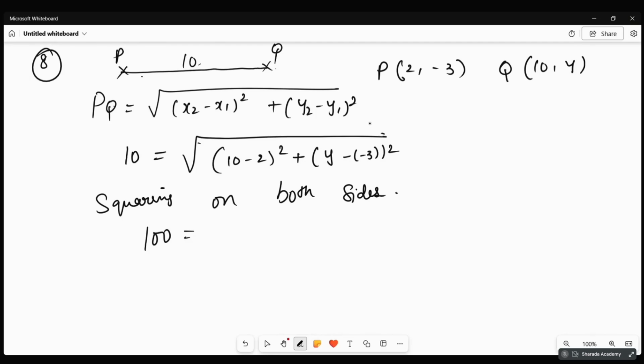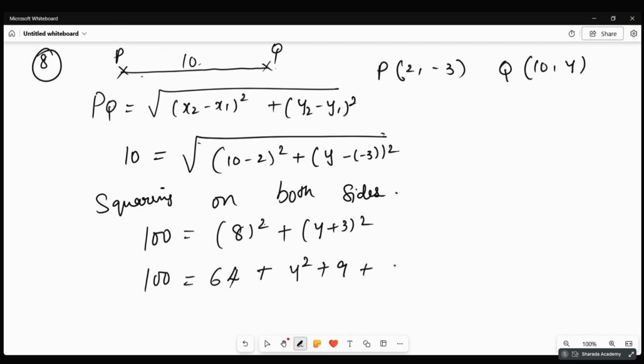Square and root will cancel. So what will I get? 10 minus 2 is 8 square plus y plus 3 whole square. So 100 is equal to 8 square, 64, plus y square plus 3 square is 9 plus 2ab, 2 into 3 into y, 6y.